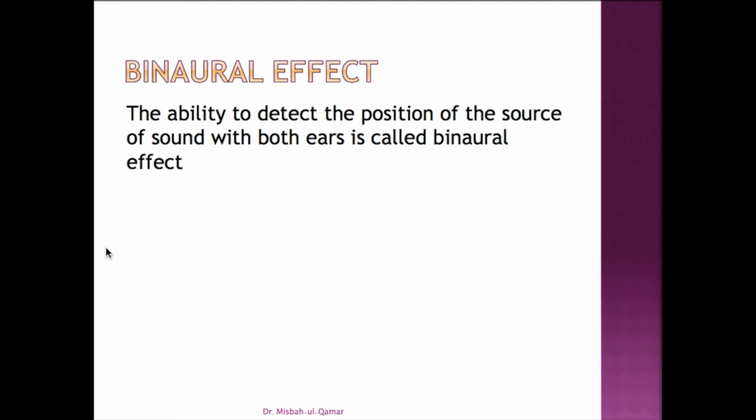For example, when we want to localize a sound which is coming from a distance, we turn our head until the sound is equally loud in two ears. So the direction in which we are facing is the direction of the sound's origin. Okay.